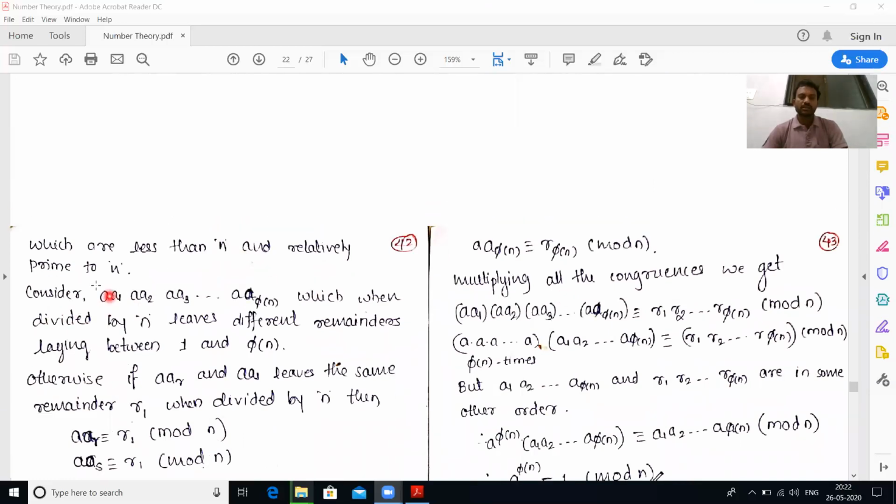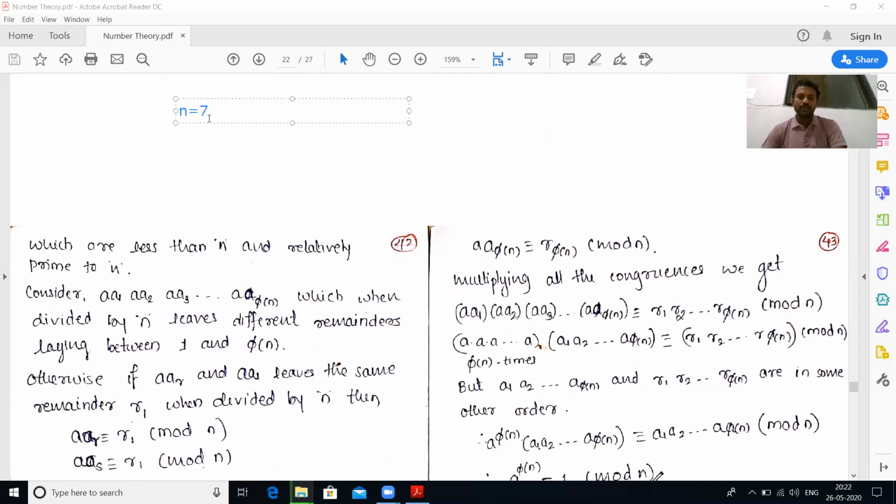Now consider the numbers a1, a2, a3, and so on up to a phi of n, which when divided by n leave different remainders lying between 1 and phi of n. Here I will take an example. I will take n equal to 7.